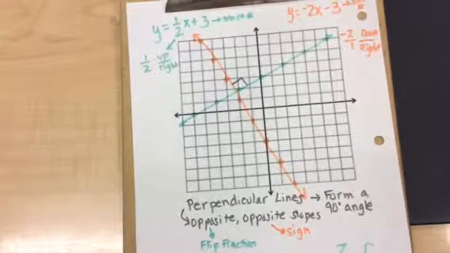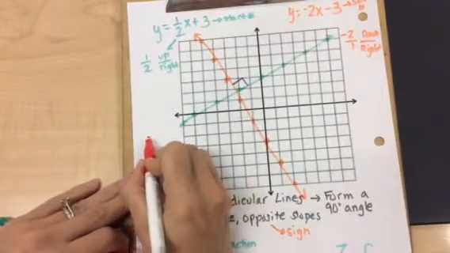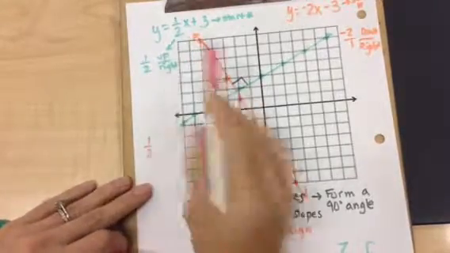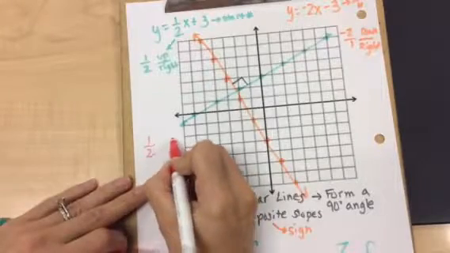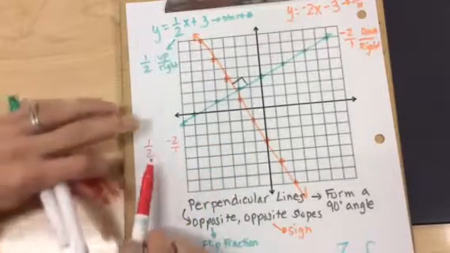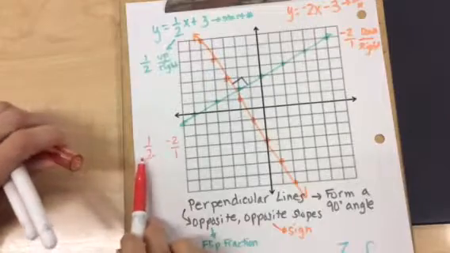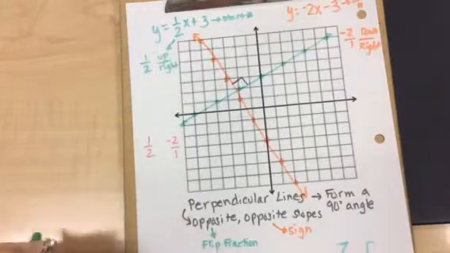So you're going to flip the fraction and change the sign. For this example, we have 1/2 was my first equation, and my second equation was negative 2 over 1. So 1/2 is flipped, and it's changed from positive to negative.